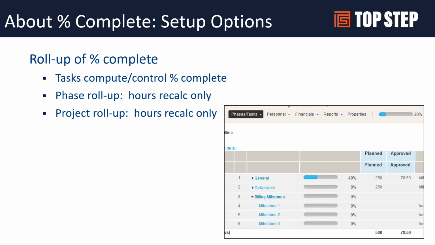So if you have non-billable tasks or if you have milestones on your project, those will not factor into the overall project percent complete. It will only pull the tasks where there's hours expected to be worked via planned, and it will use those to calculate.